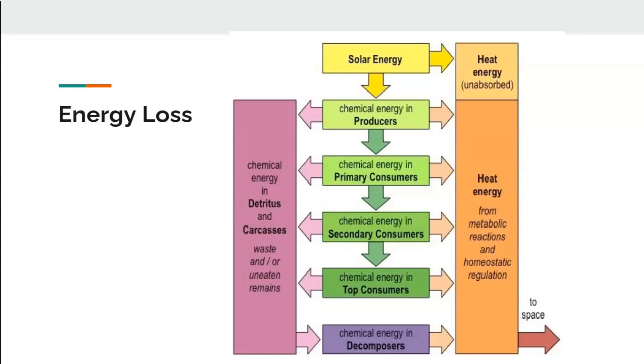But you'll notice on each of the trophic levels, so each of the green boxes, the different shades of green, you are losing energy on both sides, whether as heat or as chemical energy. Eventually, all of the energy that is left will be going through the decomposers and then released, either as the nutrients get cycled back in, or the energy gets lost into space as heat.